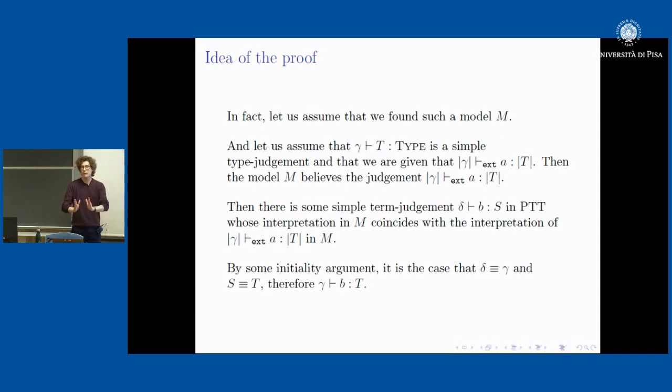Now interpret it in ETT and assume that there is some proof of the interpretation in ETT, which here I call small a.